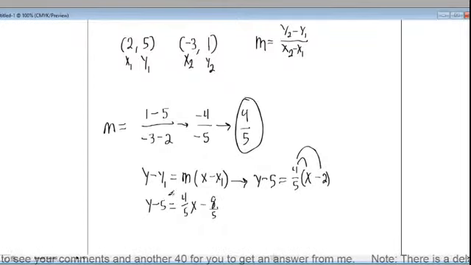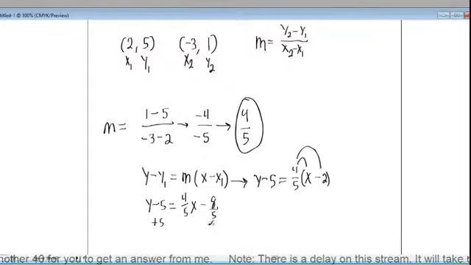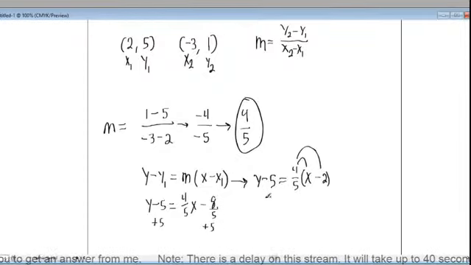Now, again, we need to get y by itself to solve this thing, so we're going to add 5 to both sides. Well, we need to do negative 8/5 plus 5, so let's see here. 5 over 1, make that 5 over 5. That'd be 25.